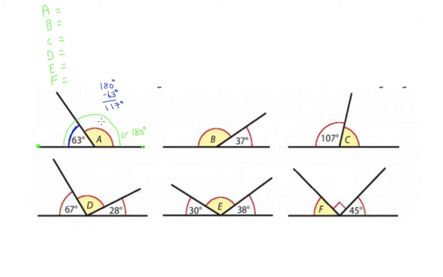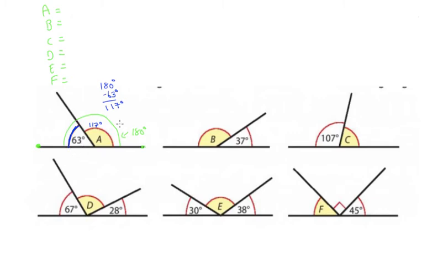So that means that A must be 117 degrees, because if I added 117 and 63 together, I would get 180. Now, I subtracted them because I didn't know what A was, but I knew that the whole straight line, the whole angle, is 180.